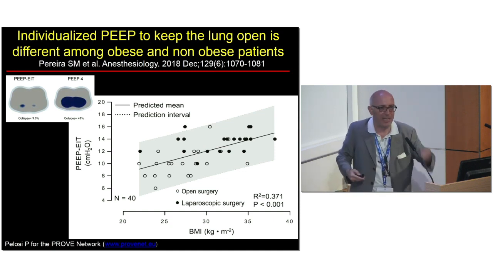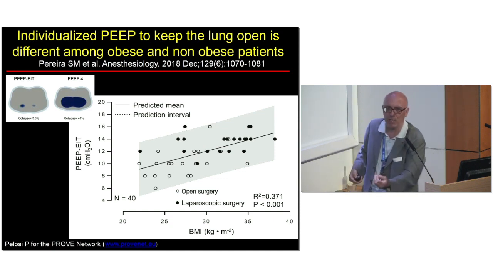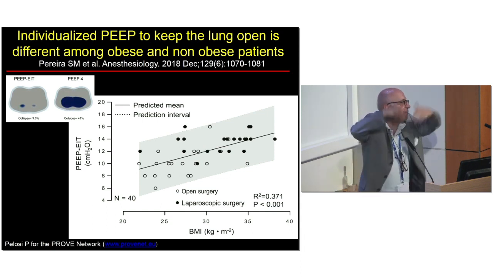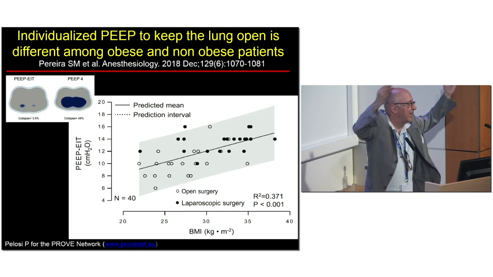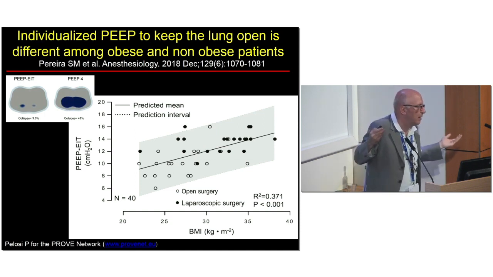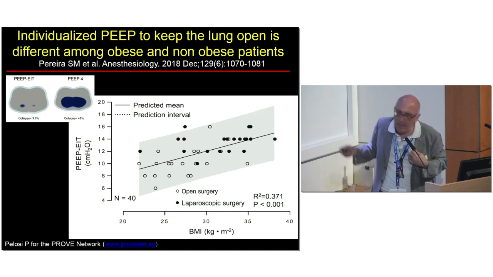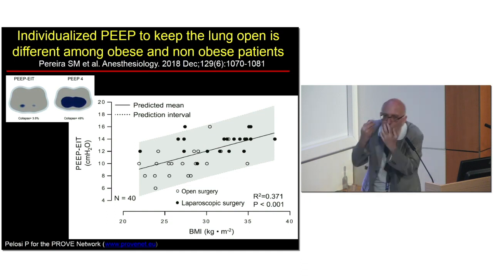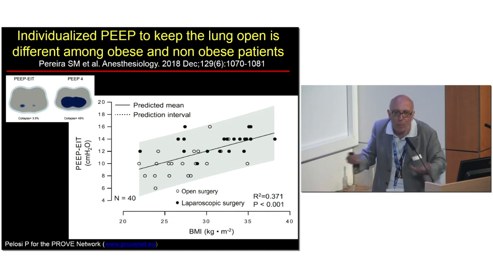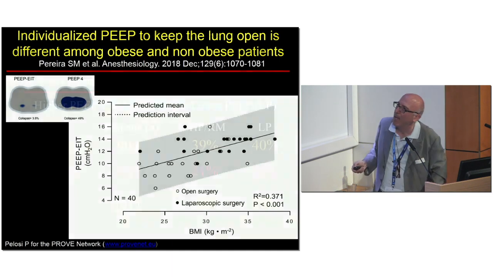So setting PEEP according to the transpulmonary pressure gives you a setting of PEEP without any sense, if you compare with the EIT, with which at least you visualize what is going on in the lung.